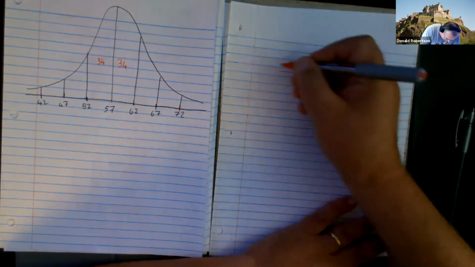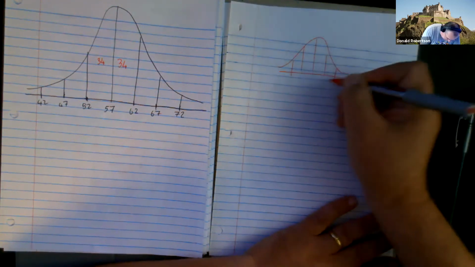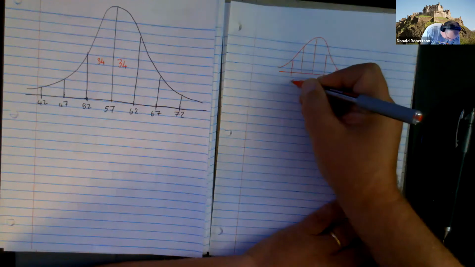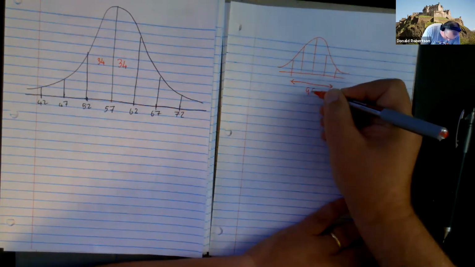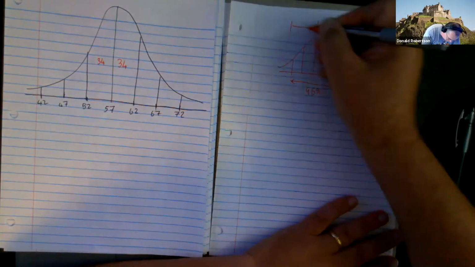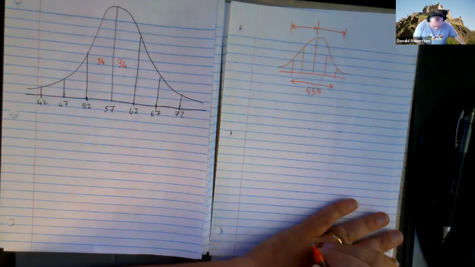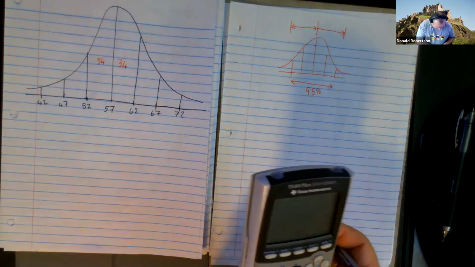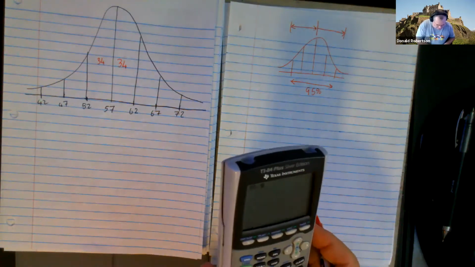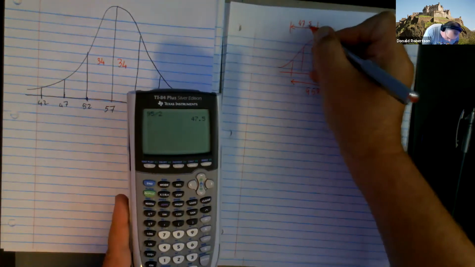Imagine you've got your guy, there's the middle, there's the first 2 we know about, there's the next 2. From here to here is 95%. Would you agree that that gets split into 2 equal chunks? Now, if you take 95, this is why this is ugly, and you divide it by 2, each piece is 47.5. Are you still with me?